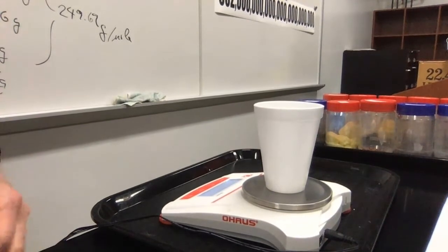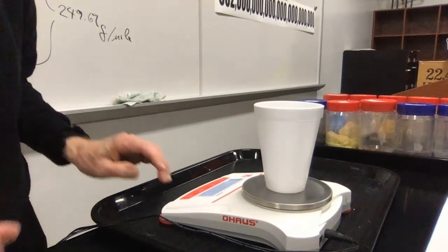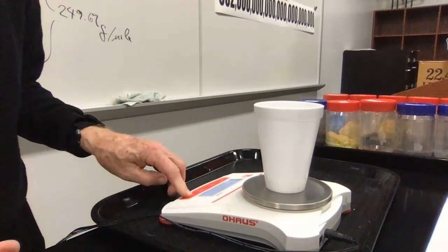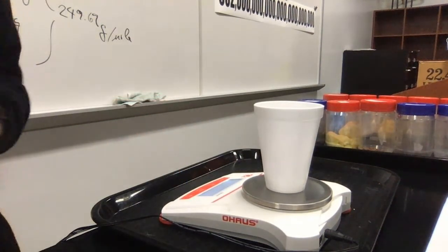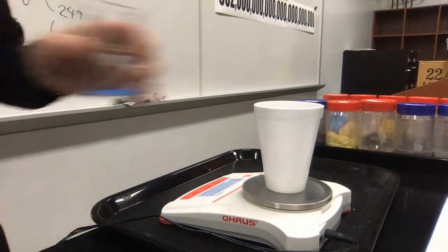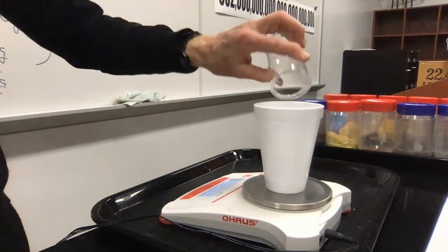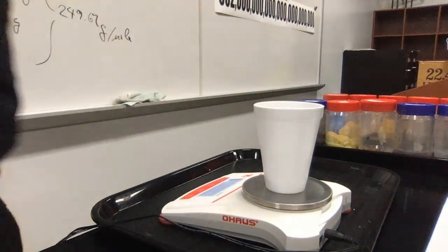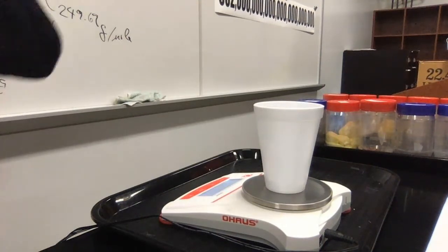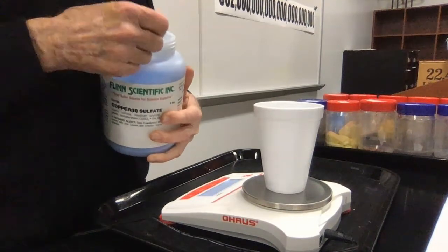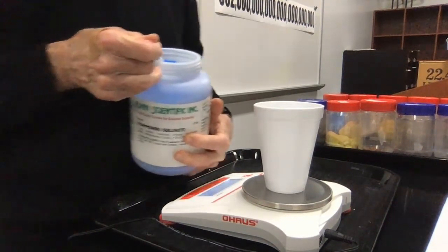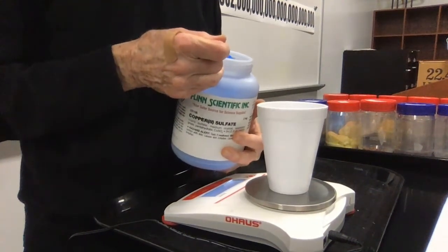Okay, a beaker would hold the capacity, but it'd probably be too heavy. So let me tare that. Okay, the balance is now reading 0. And let's add copper sulfate to our container. We'll add it little by little. I'm dumping it like a spoonful at a time.